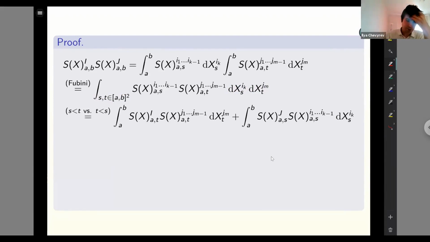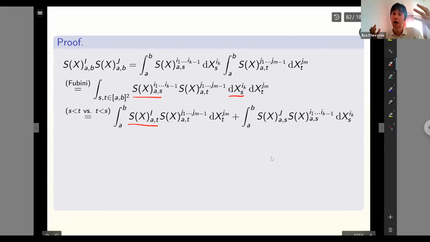In each case, if s is less than t, then we can combine this term with this integral term dx_{i_k}(s) and integrate over s in order to obtain the signature of just the word I. This is how this integral corresponds to the regime where s is smaller than t, and I'm going to leave t as it is.